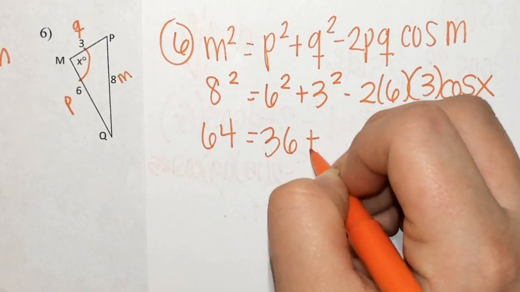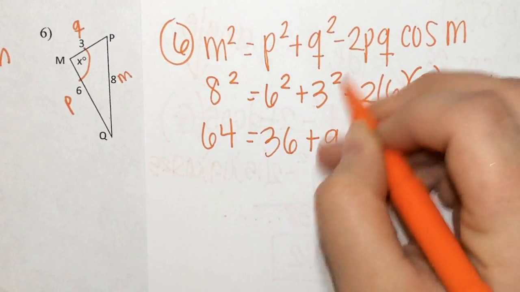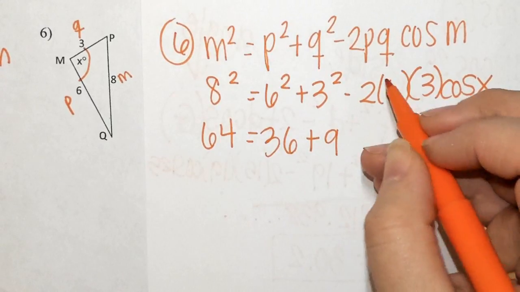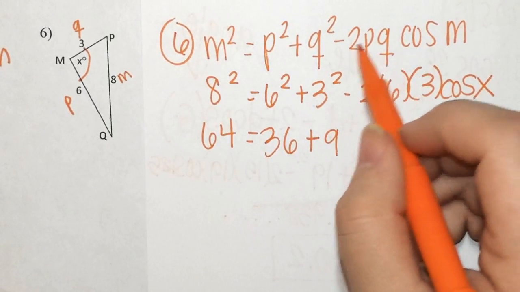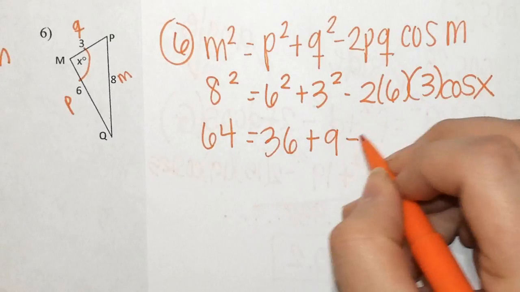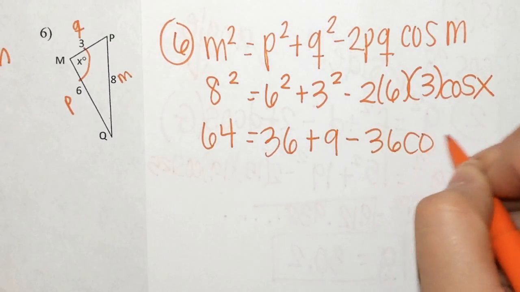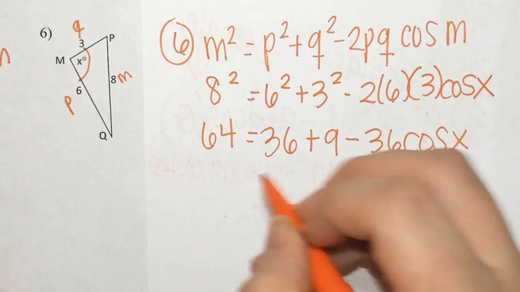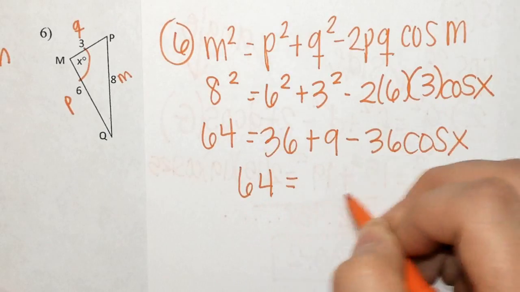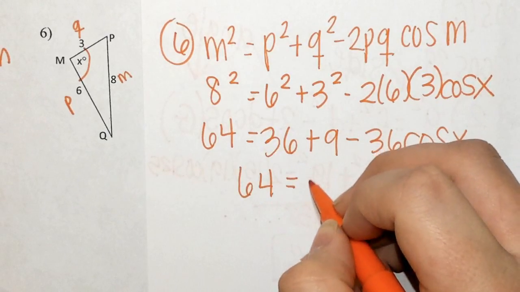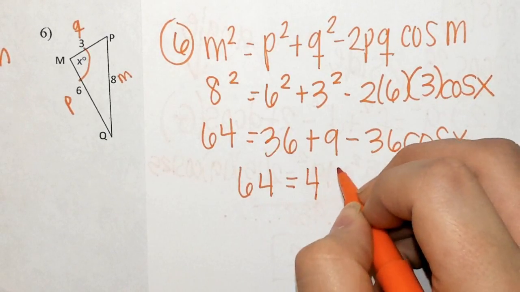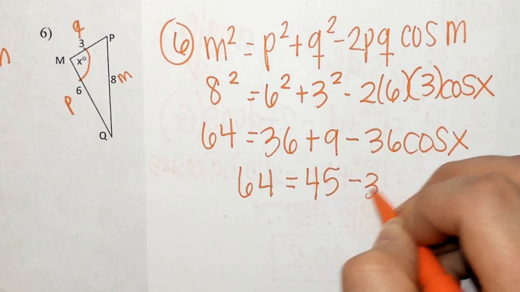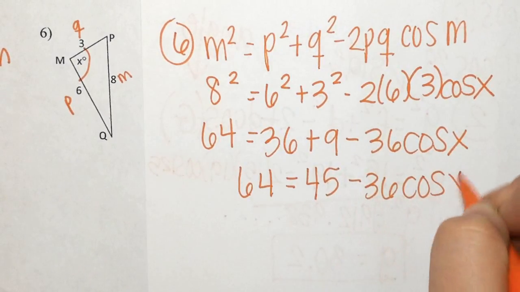Negative 2 times 6. Negative 12. Negative 12 times 3. 36 plus 9. 45. You're done.